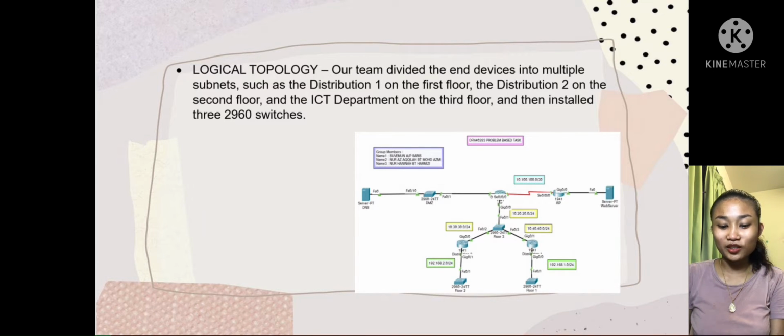For the logical topology, our team divides the end devices into multiple subnets, such as distribution 1 on the first floor, distribution 2 on the second floor, and the ICT department on the third floor, and then installs 3 2960 switches.